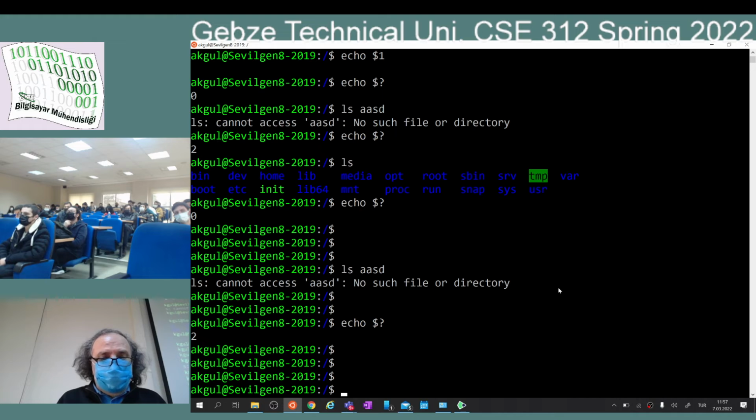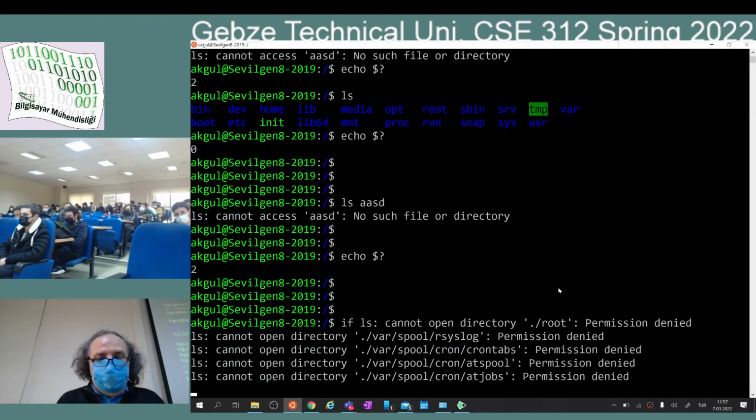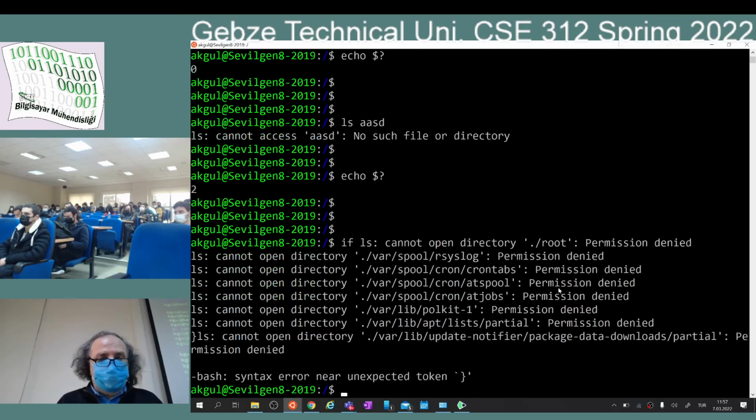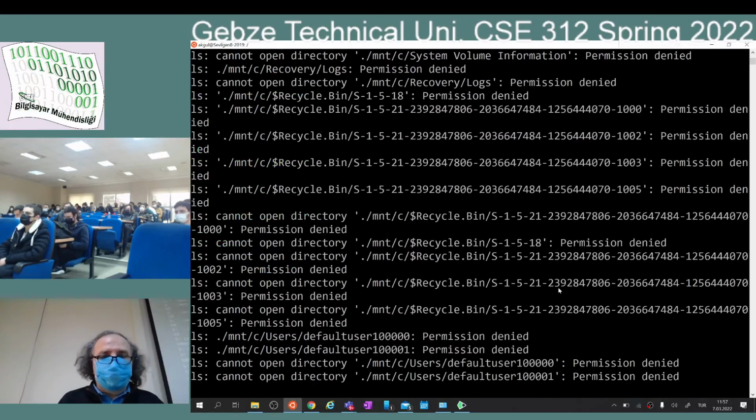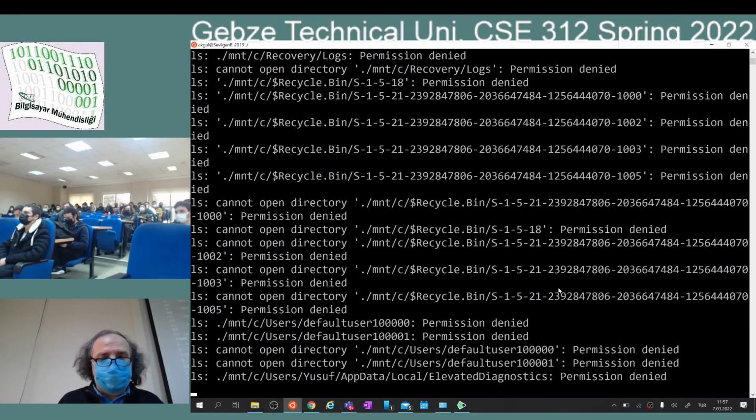So I could do things like if this, so what is this? Do you know what this is? Do you know what's going on? Why am I getting this? Because that ls program is still running, right?